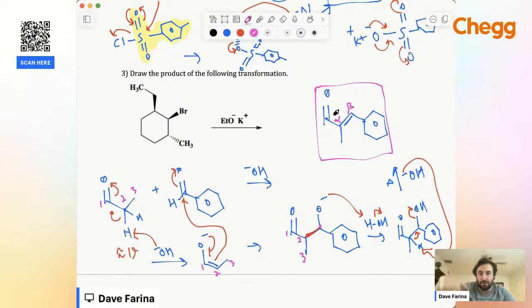So that carbonyl better be in the product. And then we have a pi bond between the carbons that are alpha and beta with respect to the carbonyl carbon. So if you're doing an aldol condensation, there better be a carbonyl in it, because we're reforming the carbonyl that was part of the enolate. And then there has to be an alpha-beta degree of unsaturation. Okay. So that's like a standard aldol condensation.